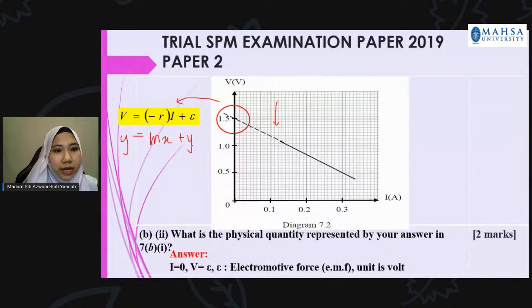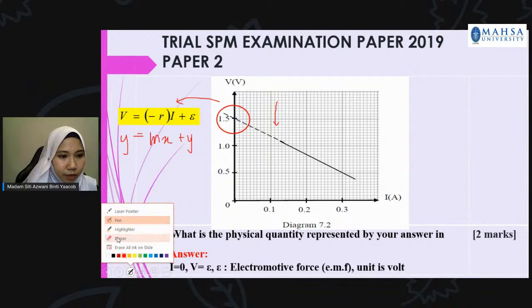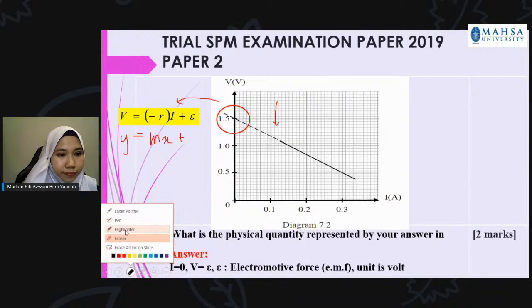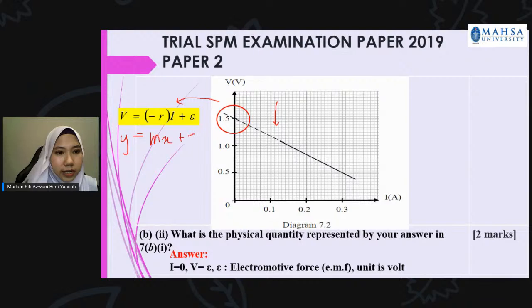So here the C, the intercept, shows the value of the electromotive force. And the y-axis is V, and the x is the value of your current.